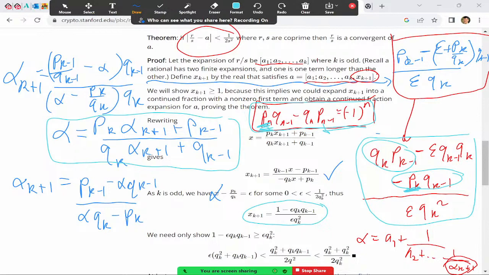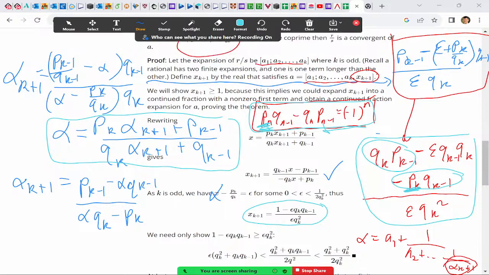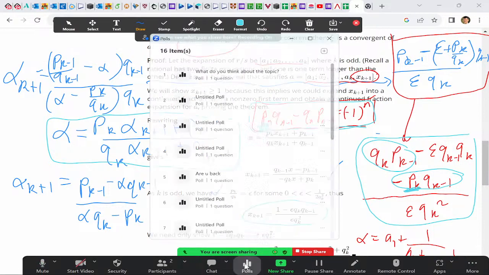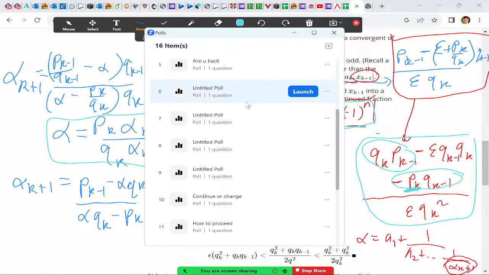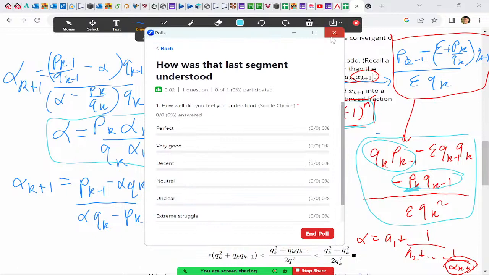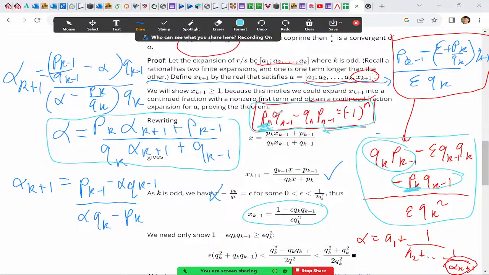Have you guys all got this? Do you understand? I know what happens here. Wait, what happens to the denominator? I'm just bad at algebra. Denominator. Yeah, I think I'm just bad at algebra.